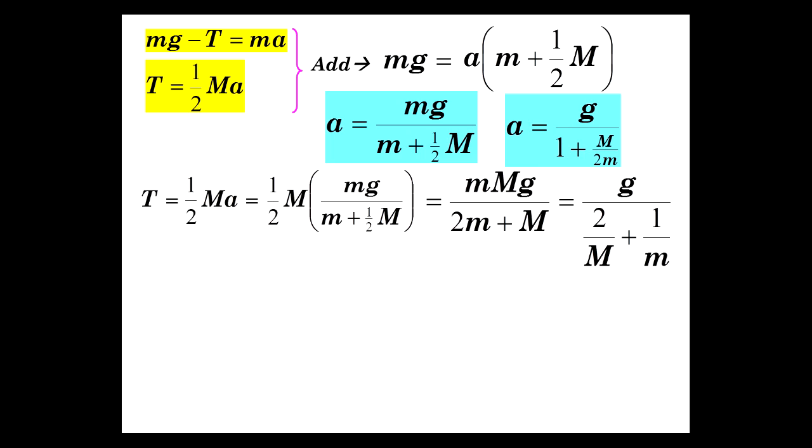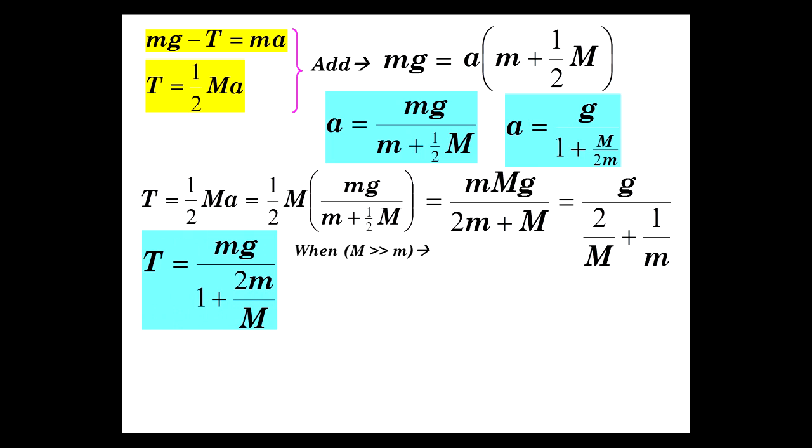That's nice. That would be my preferred way in general. But let me violate that just for a little bit for a reason. So here's the tension. And it's 1/2 Ma, where a is g over 1 plus big M over 2m. So that's what we have.